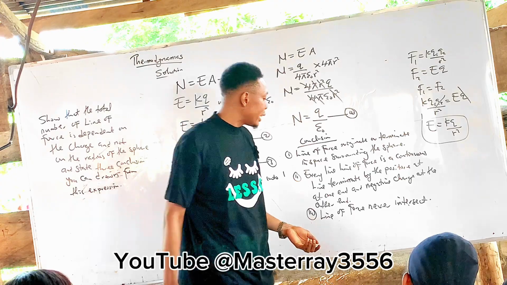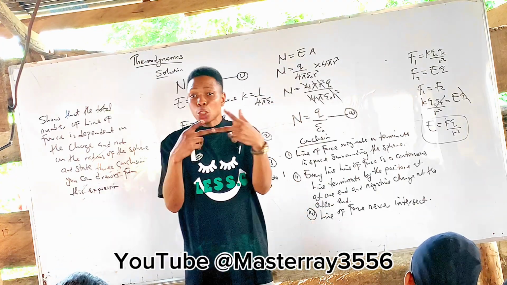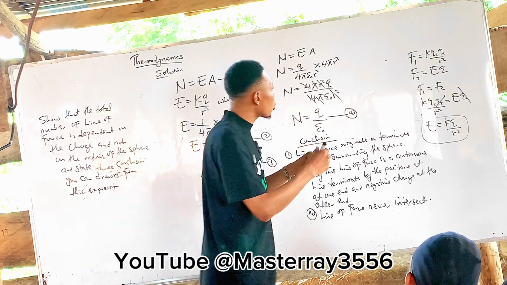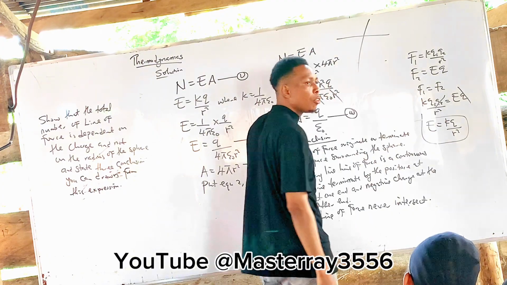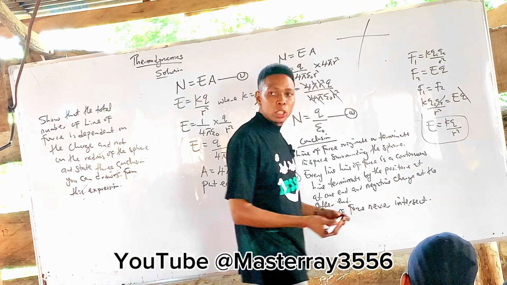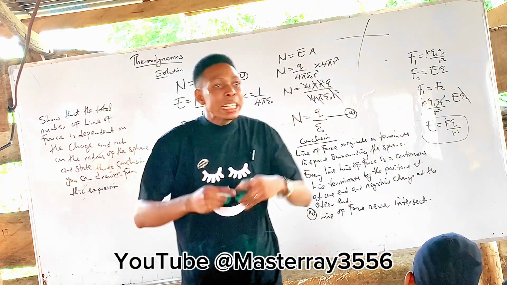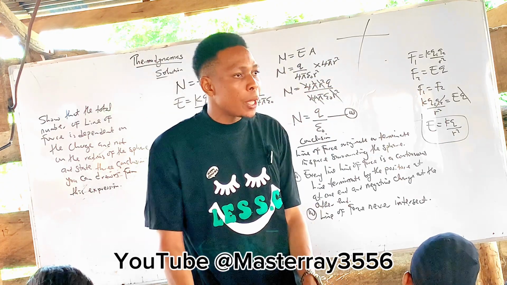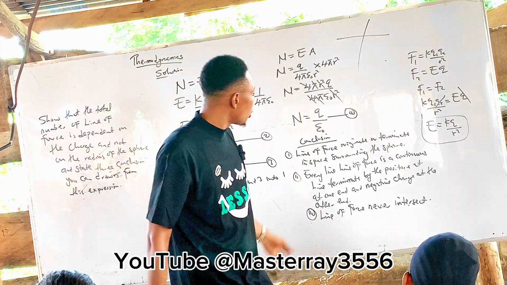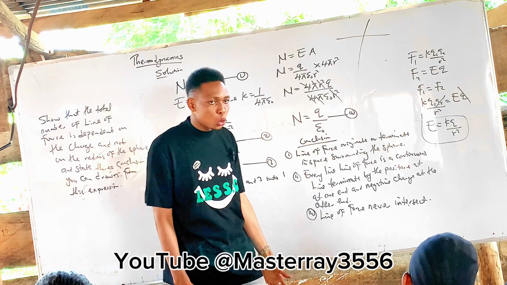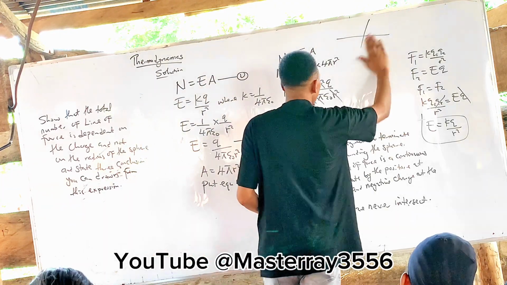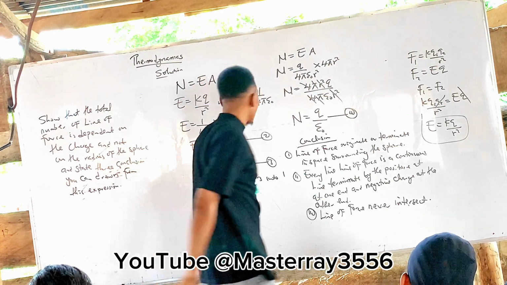Another thing is that lines of force never cross each other, neither can they meet each other. That's why they say lines of force never intersect. All right. So this is what you were asked to prove, and this is the conclusion drawn from your expressions. So you can copy that.